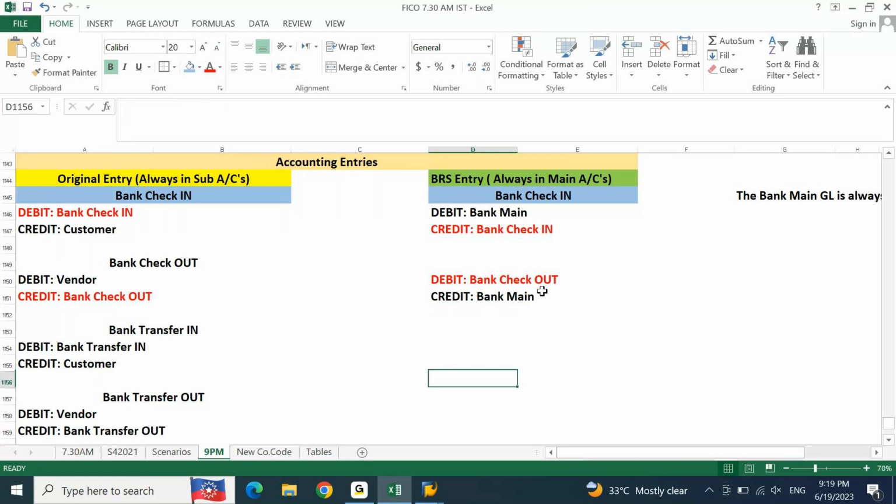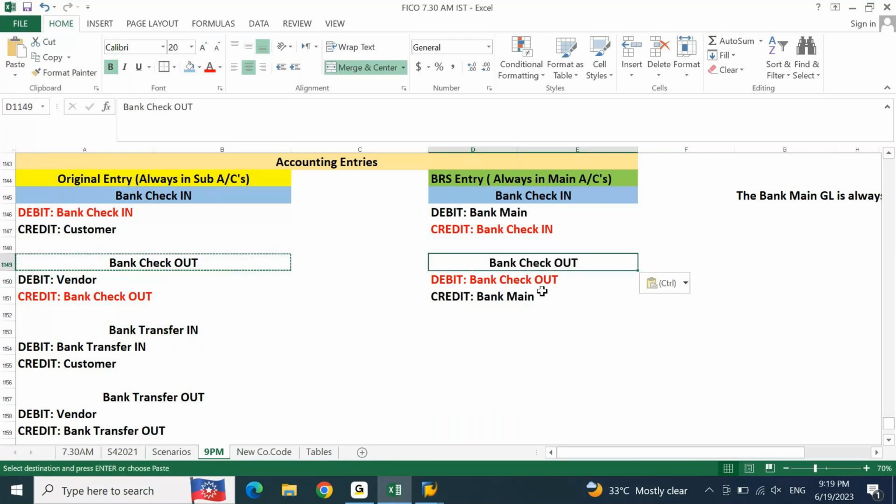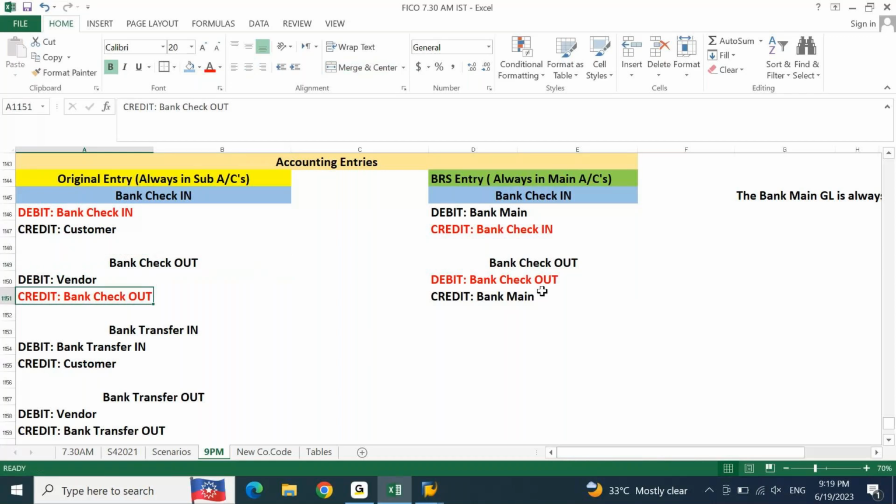Yes. Now for this one, Sir, when will they put it in the main bank account, like at month end? You can perform a BRS at any given point of time. You can do BRS on a daily basis, on a weekly basis, or on a monthly basis, depending on the number of transactions, depending on your transaction volume.